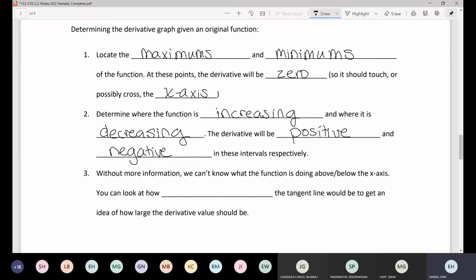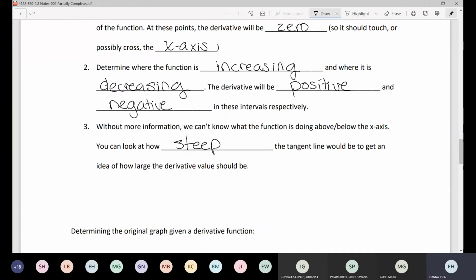But if you need to look the tiniest bit further, which you usually don't, you can look at how steep the tangent line would be. Essentially those lines that we were looking at in Desmos the other day. If you have trouble trying to figure out what a tangent line would look like, say I wanted the tangent line for right here. Now remember, the tangent line only touches the function at that one point.